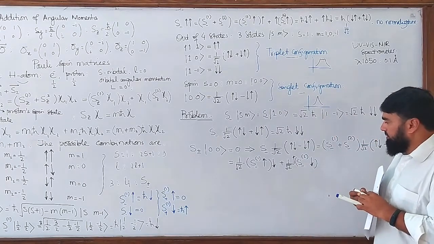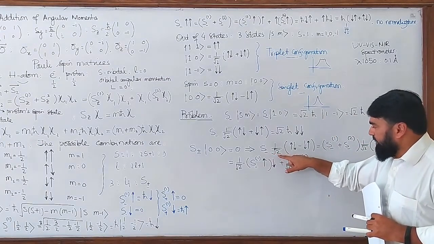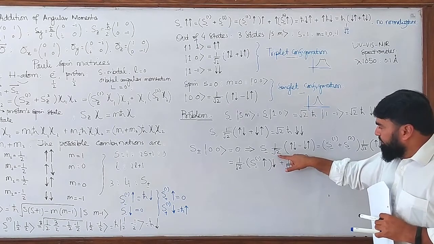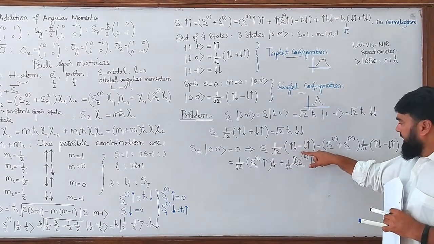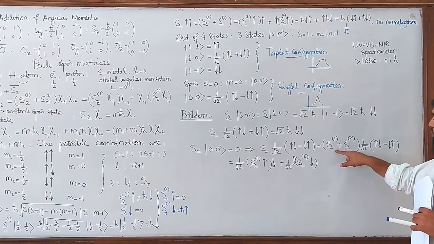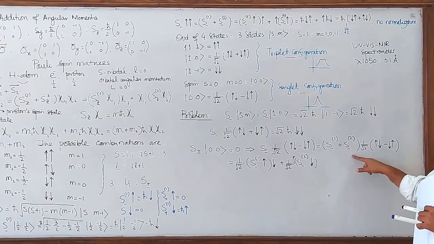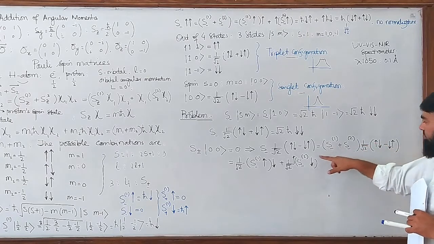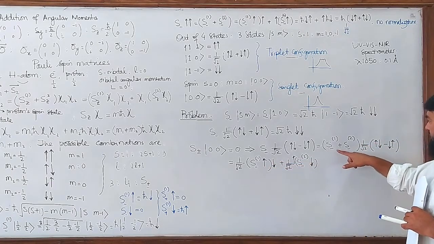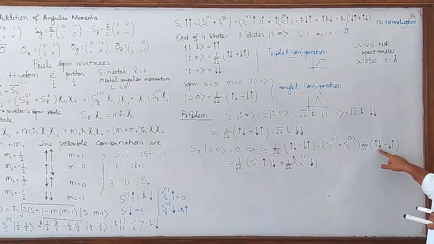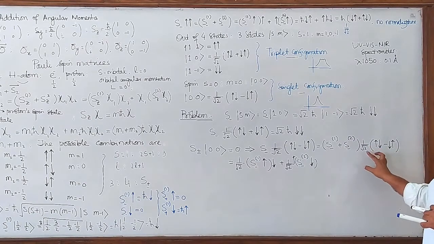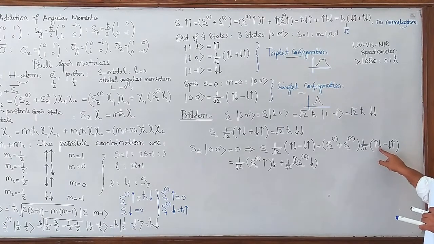What did we do? S minus, we are operating on this state. S minus, we decompose into 1 and 2 states. So, when S minus 1 will operate on this one, what will happen? 1 over 2, and as it is of state 1, it will apply on this one, it will remain with this.